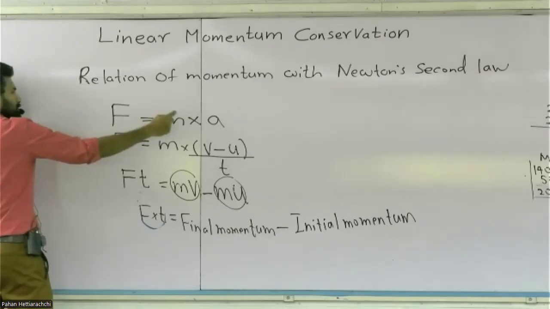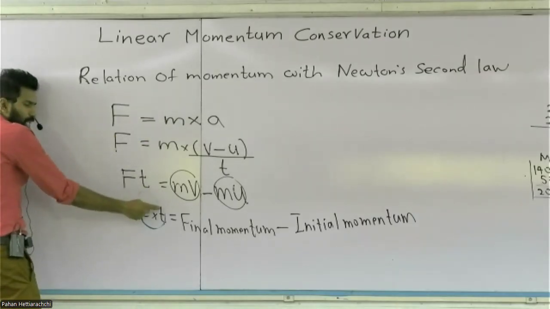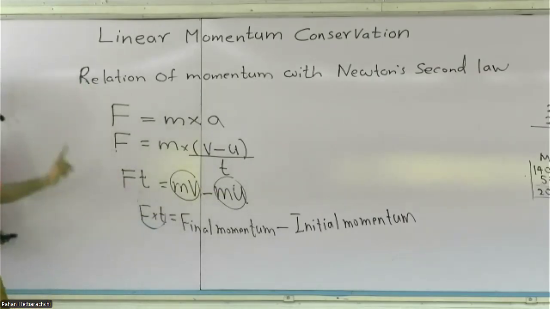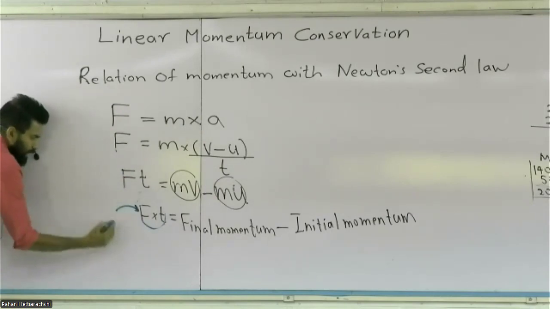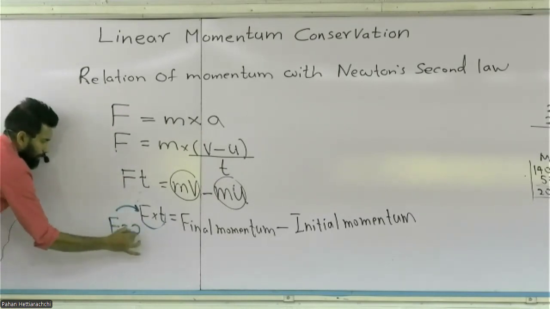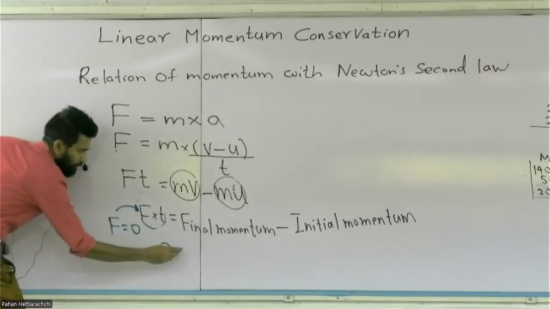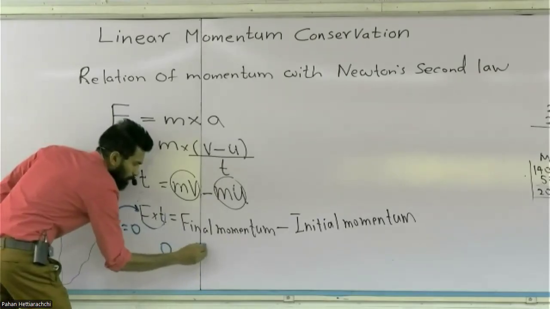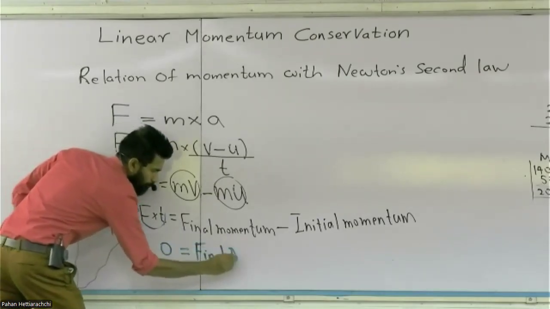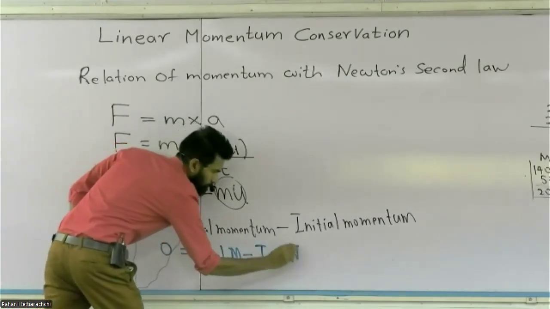Now from Newton's second law, it is clear that force into time is equal to the momentum difference. If the force is zero, what will happen? If this F is zero, the Ft multiplication will be zero. So zero is equal to final momentum minus initial momentum.